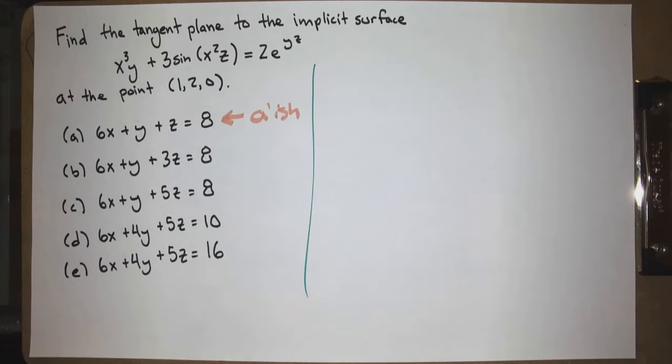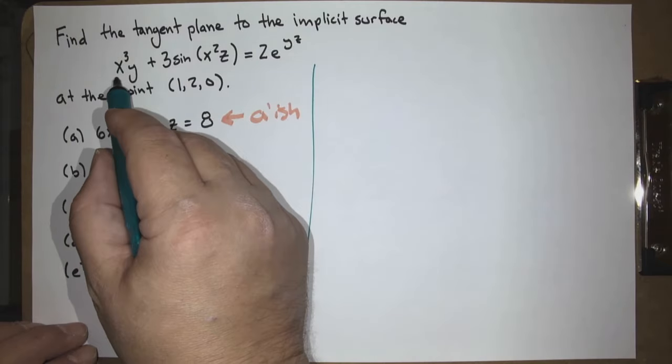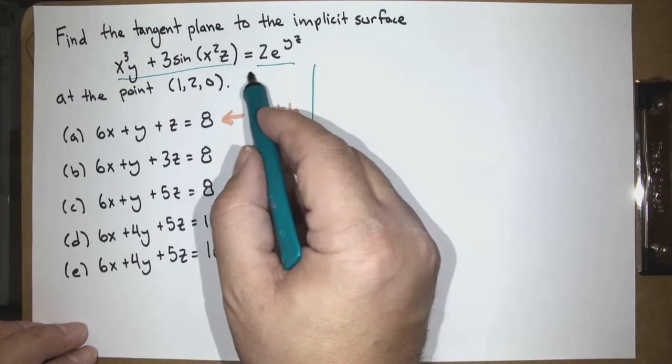So, the two-part question. Are we ready to take the gradient? No. Why not? Yeah, we have x, y's, and z's on both sides.